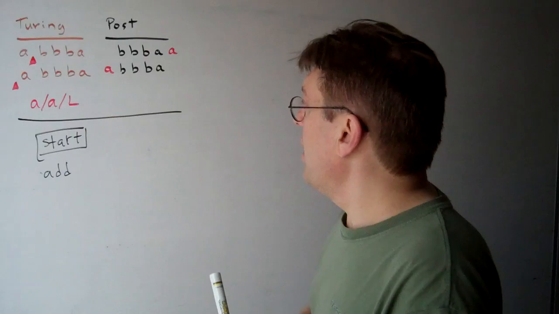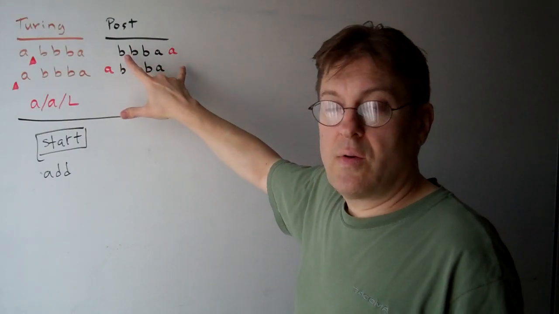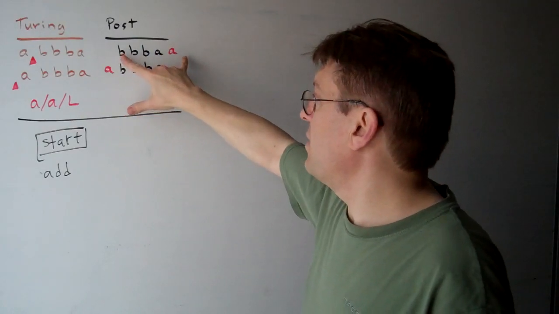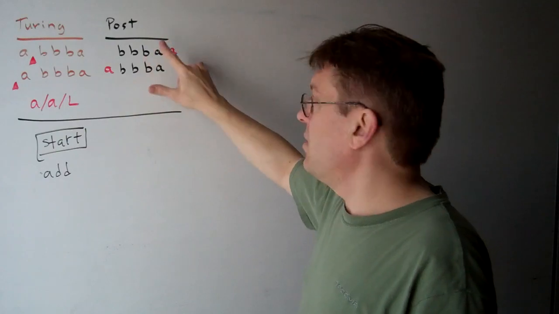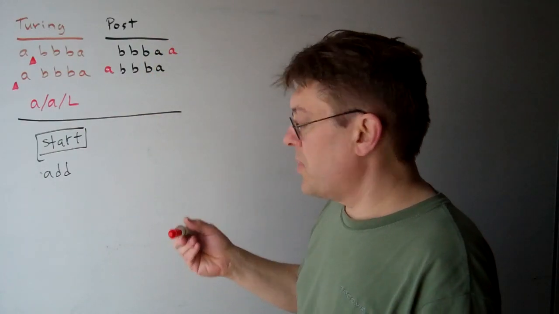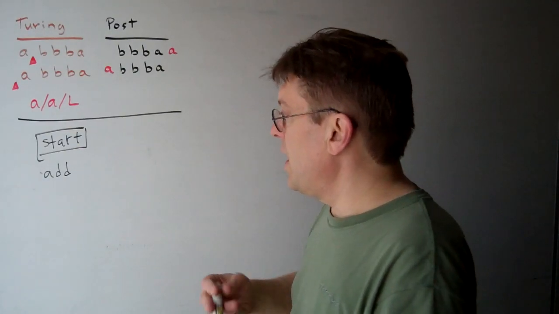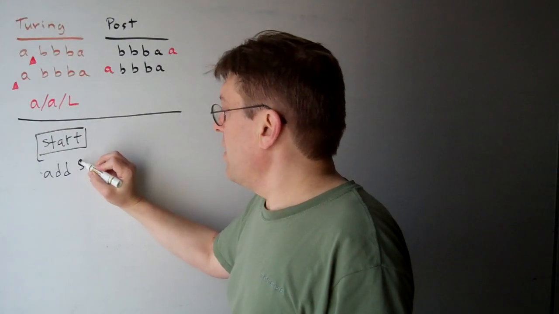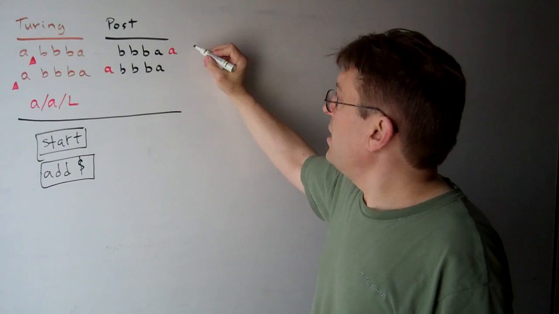As you remember, a Post machine always has an add and a read and a write, one at the beginning, one at the end. Anyway, we're going to add a $, or some kind of a marker character, at the end of this string. So effectively we're going to add a $ here.